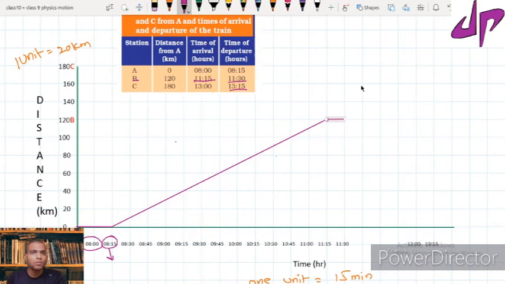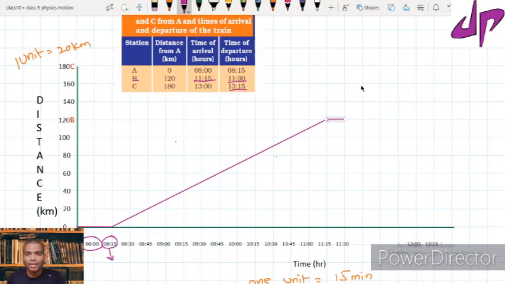Now the train departed at 11:30 and at 13 o'clock, it means at 1 o'clock, it reached station C. Here, for scaling purposes, I cannot extend my graph, so I have taken a random point here, but you should draw with the proper scale in your graph.